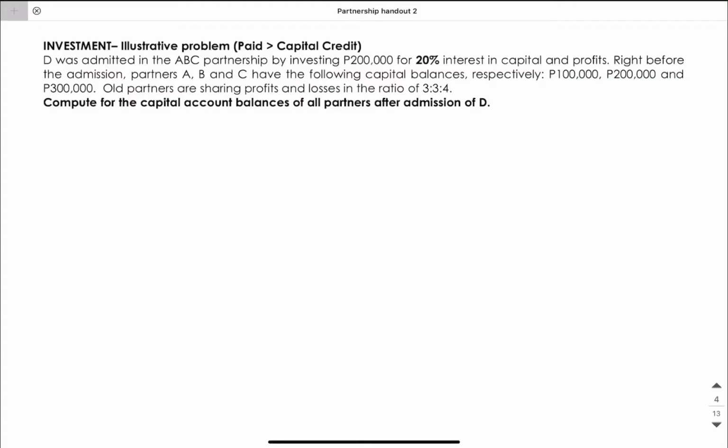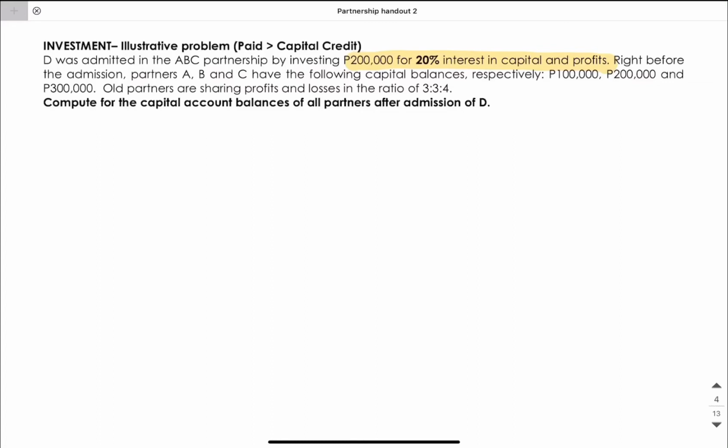Okay, to illustrate partnership dissolution through partnership admission via investment, let's answer the following problem. D was admitted in the ABC partnership by investing 200,000 for 20% interest in the partnership capital and profits. Right before the admission, partners A, B, and C have the following capital balances: 100,000, 200,000, and 300,000.